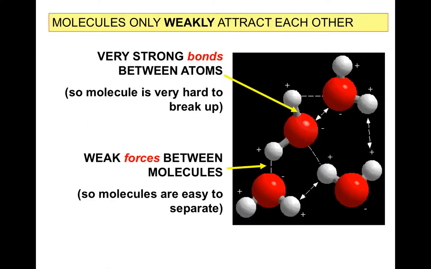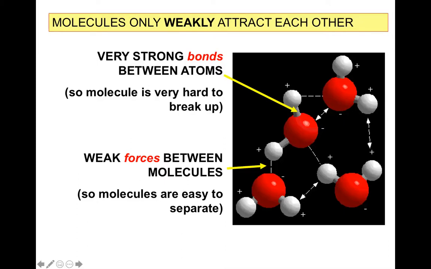So molecules have two types of interaction going on. Between the atoms, so within the molecule, are very strong covalent bonds, the same as we had in our giant covalent structures. So these bonds are really, really hard to break. The atoms do not come apart from one another easily.